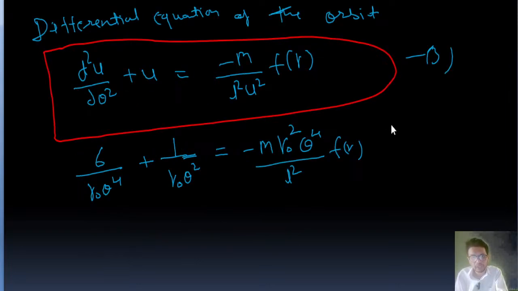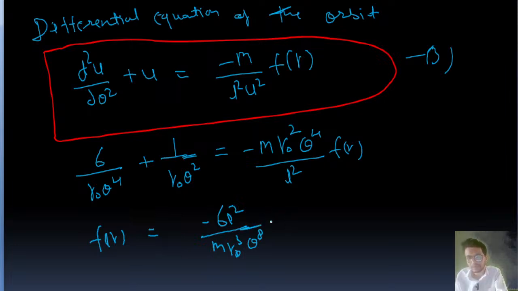We put the value. Now this f of r is going to be, we can write like this, minus 6 L square upon m r naught cube theta to the power 8, minus L square upon m r naught cube theta to the power 6, okay, this one.